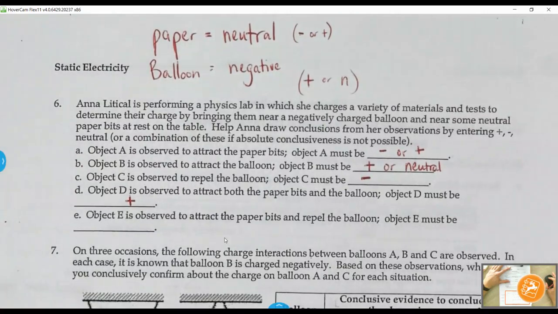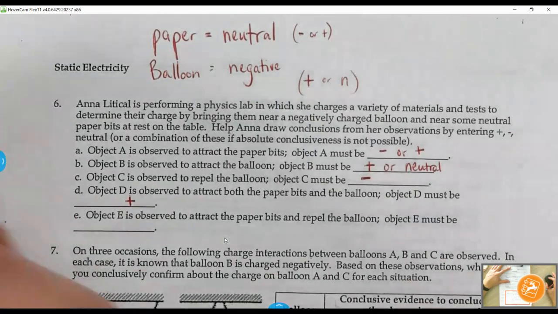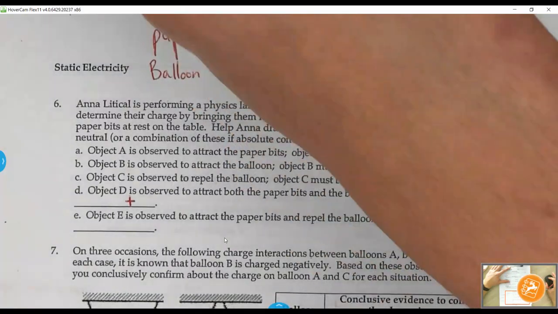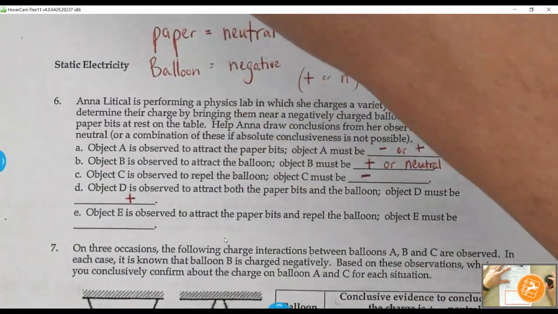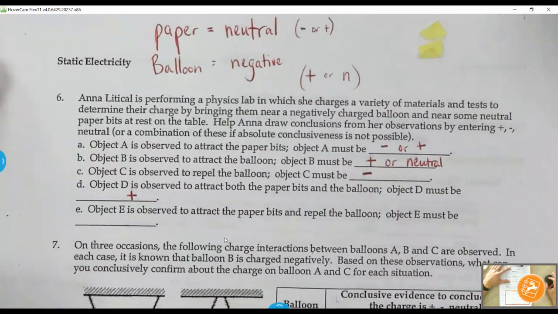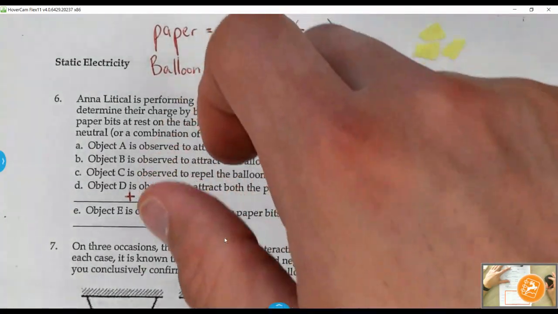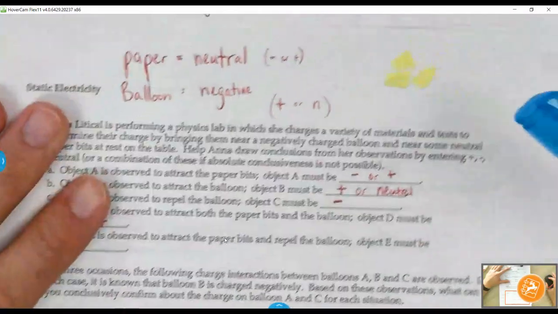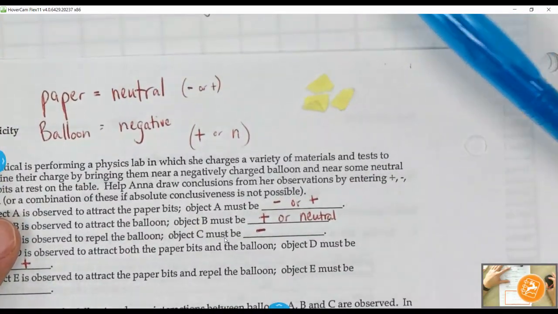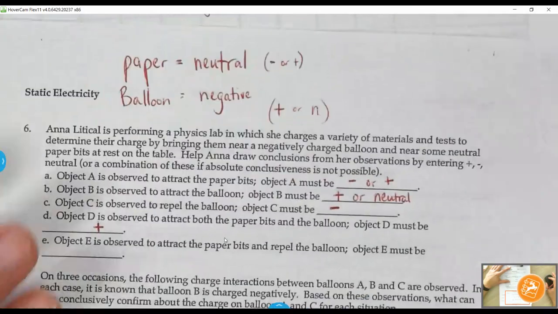And then E. E is observed to attract the paper bits and repel the balloon. So vice versa, if the paper bits were still here, we bring object E near, and it attracted them.